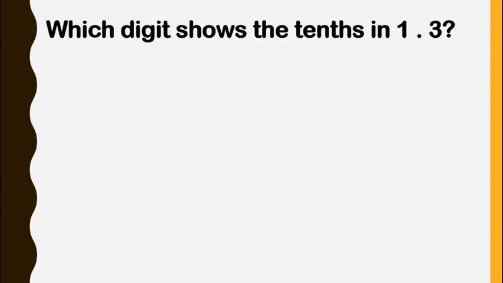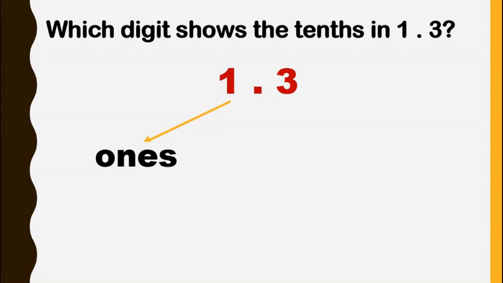Good day, everyone. So today we will have your first lesson in Block 8. We have here the question hook: which digit shows the tens in 1.3? Always remember that 1 will represent your ones, and the dot will separate your whole number and your decimal number.